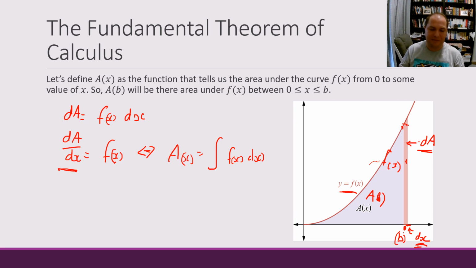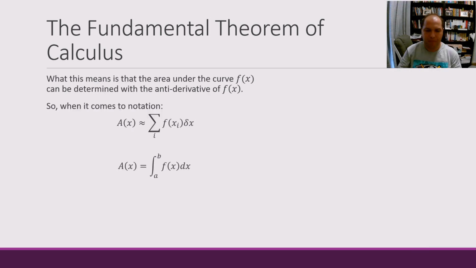This is a very important result. So if we want to find the area under a curve, we need to antiderive it. We need to integrate it. Now it's important we look at where this came from and how this compares to our previous work.